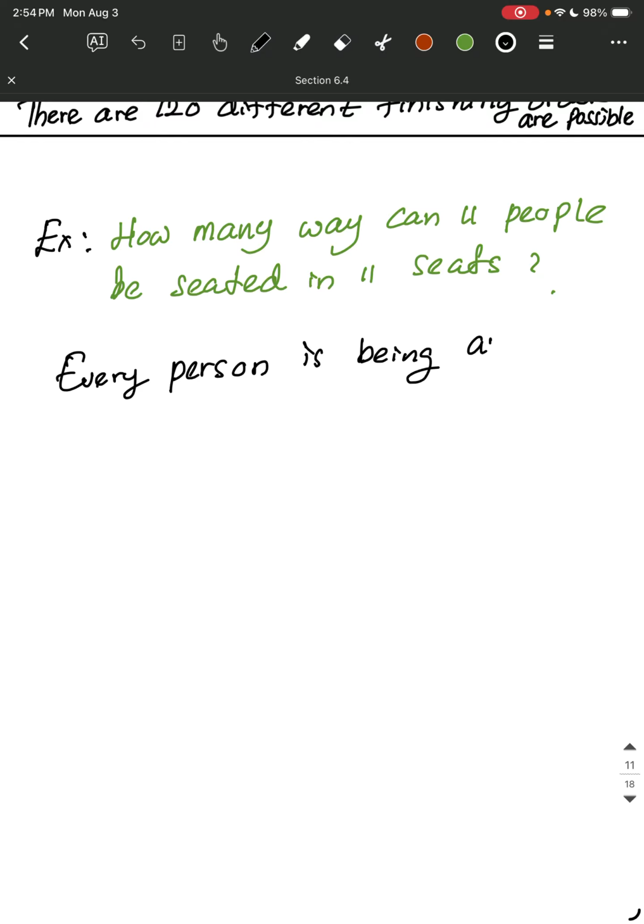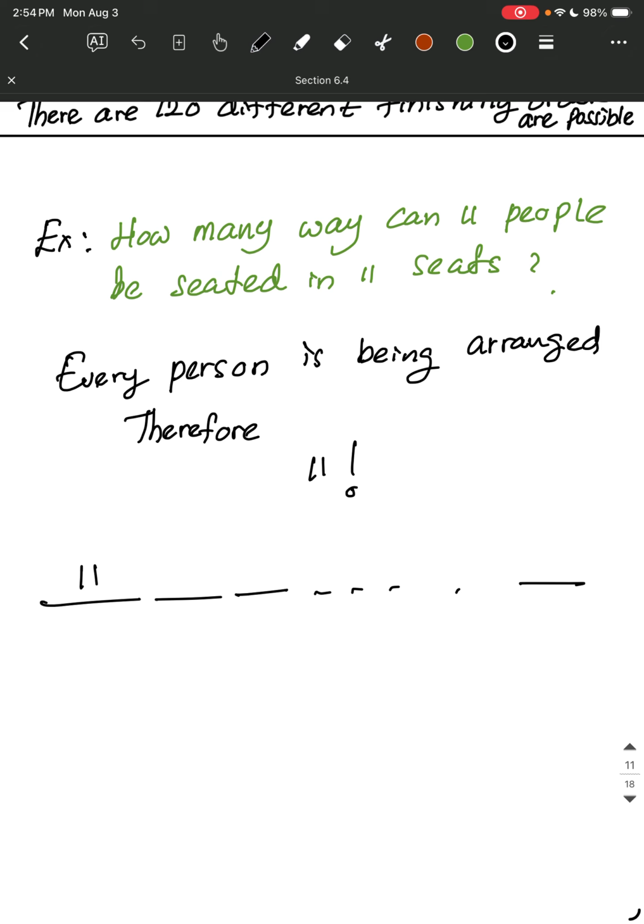Seating changes when people exchange positions, so order matters. For the first seat we have 11 options, the second one 10 options, the third one 9 options, and so on. That confirms the order matters.